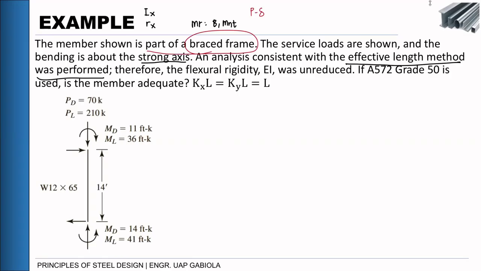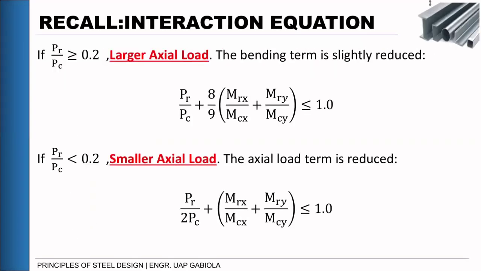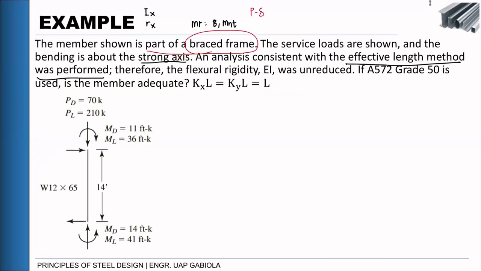So we want to get PR over PC first and see what its value is. So, let's calculate PR over PC. PR, we know, is equal to PU. Based on our formulation, that is 1.2 PD plus 1.6 PL.